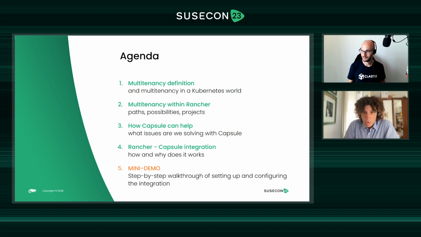Then we will show what we can achieve with multi-tenancy within Rancher, and the limits of the Rancher approach to multi-tenancy. Then we will show how Capsule can help, and we will also do a small demonstration of how the integration made by a CLASTIX product called Capsule integrates with Rancher.